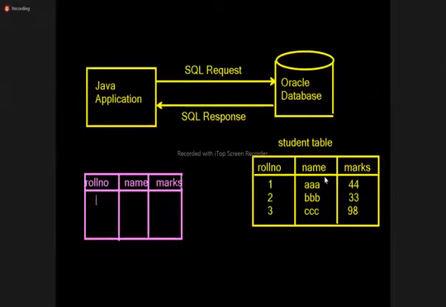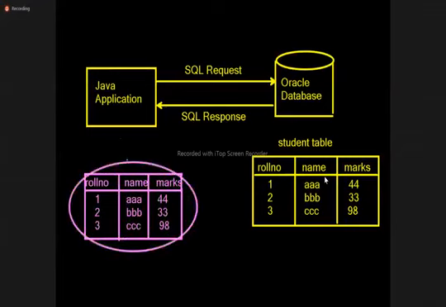Here, I'll explain how to update with Java methods. This is the result set, referred to by rs.